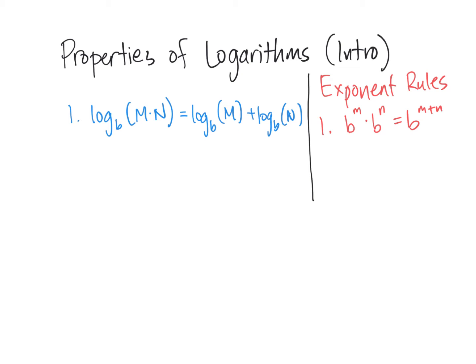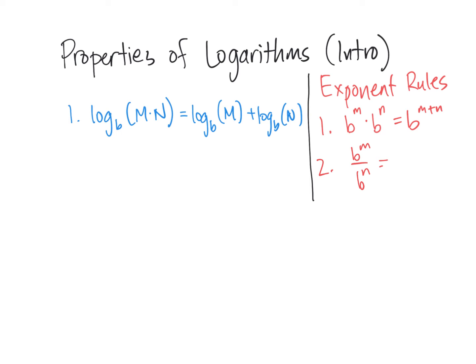Okay? Similarly, there was another exponent rule that says if I divide 2 things with the same base, pardon my poor division right there, my finger kind of trailed. I can fix that. Okay.